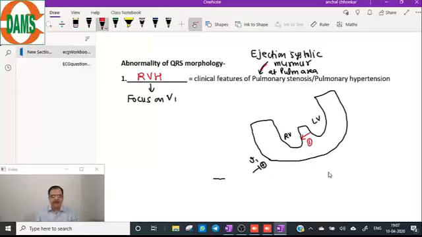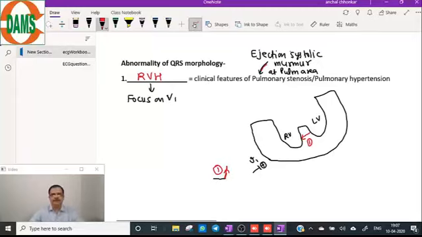Number one. This is normal. The septum depolarizes from left to right because it takes the impulse from the left bundle. When the number one event takes place, the V1 needle will deflect in an upward direction, like this.